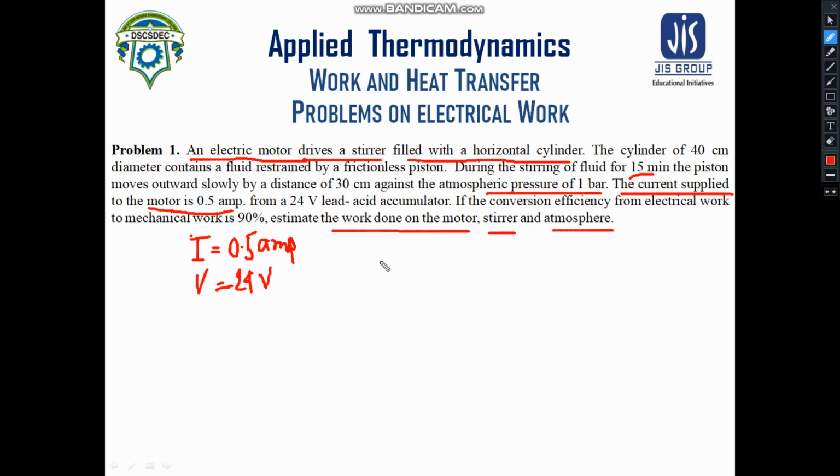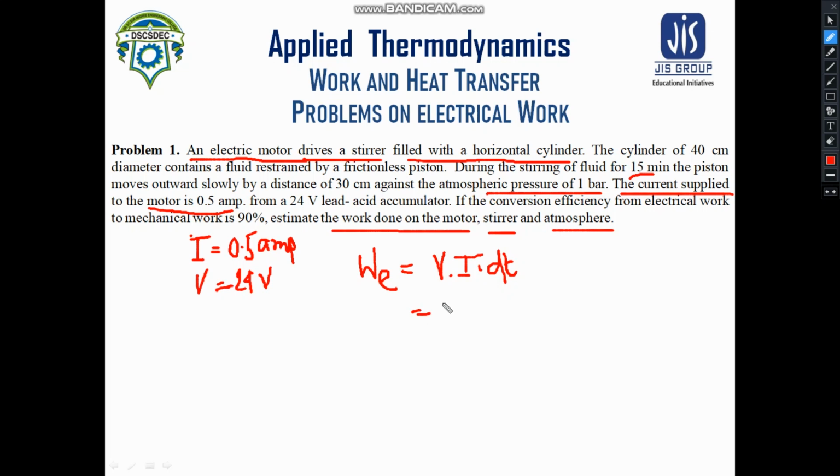That means we had discussed electrical work transfer. So let us write We as the work done on the motor. It should be simply written as V into I into dt. dt refers to the time period.